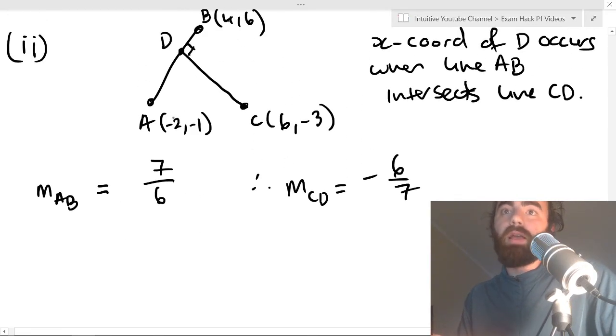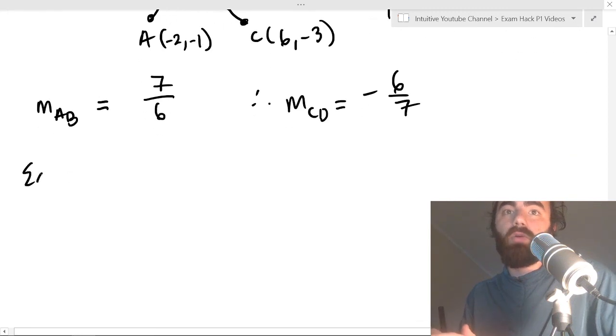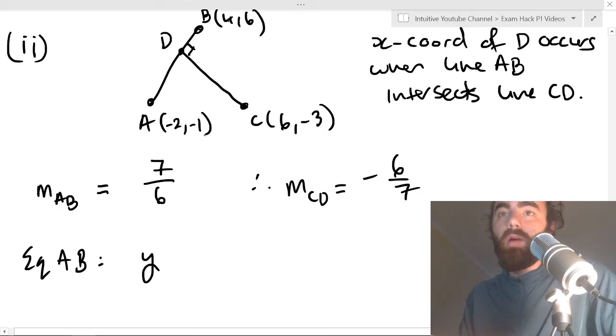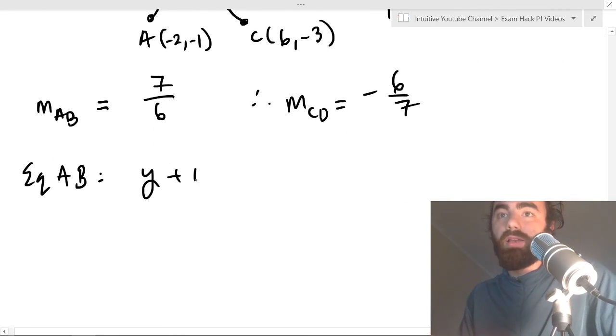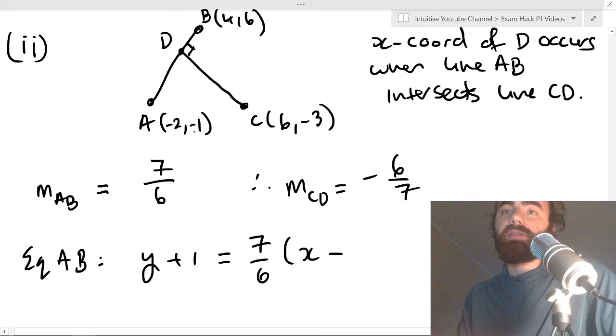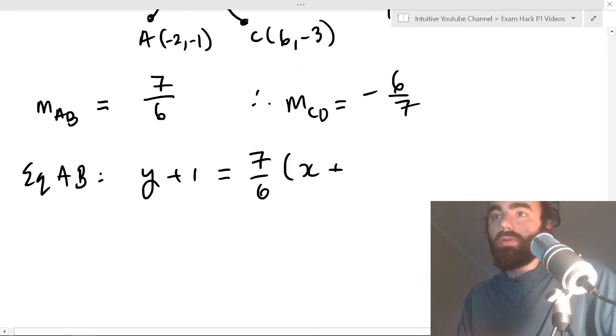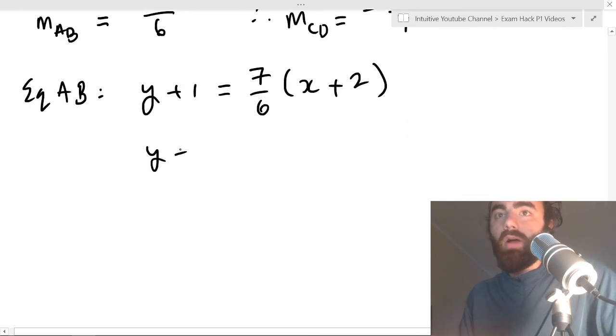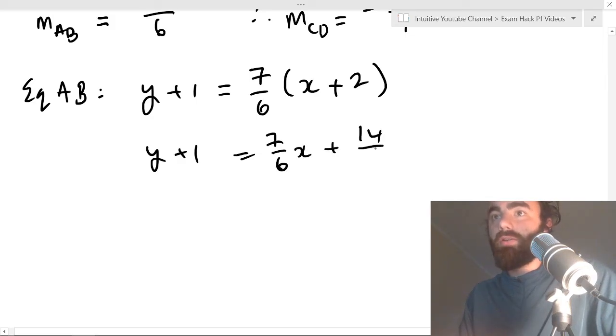So from this, now we have a point on both lines and the gradient of both lines, so we can find the equation of AB, which is y minus y1, which is +1. So we're taking A as our point. And then our gradient is 7 over 6 of x minus x1, which is +2. So we get y plus 1 equals 7 over 6 x plus 14 over 6.